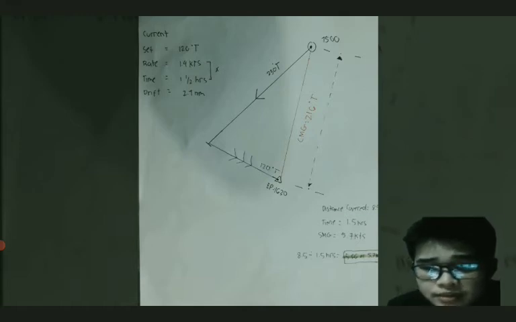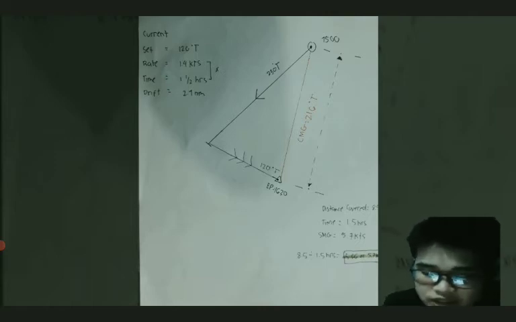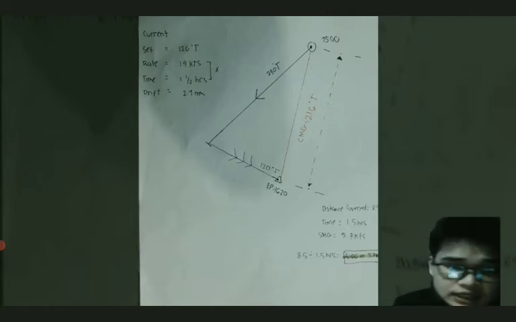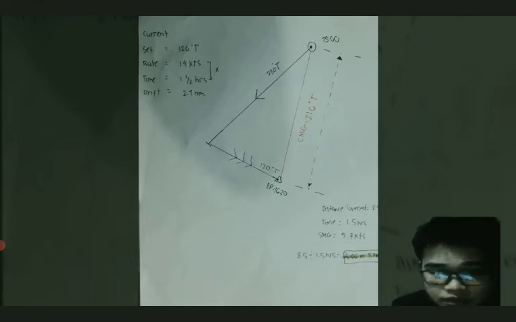Always remember that the estimated position is denoted by a triangle with a circle in it. Furthermore, the estimated position is more accurate than the dead reckoning position for the main reason that it takes into account the effect of the current.